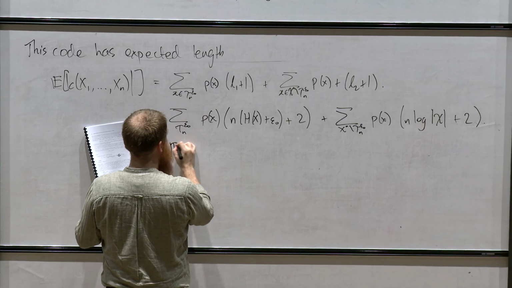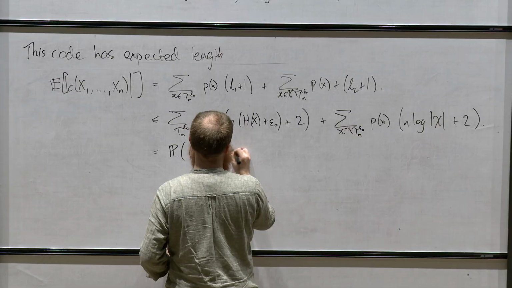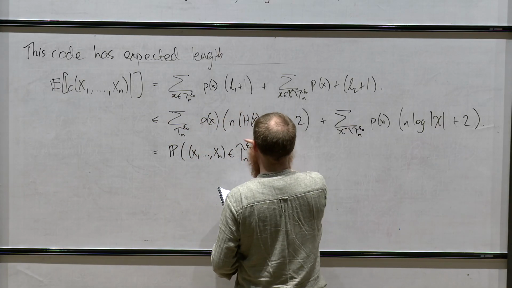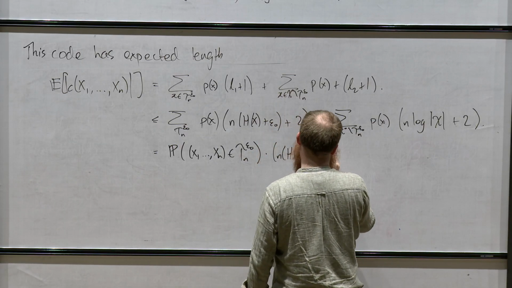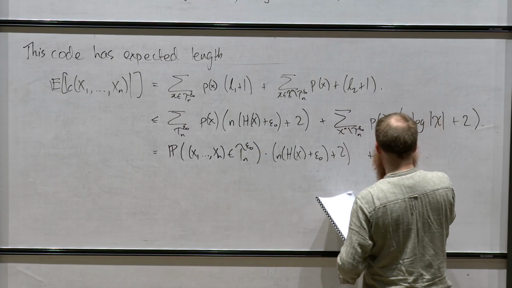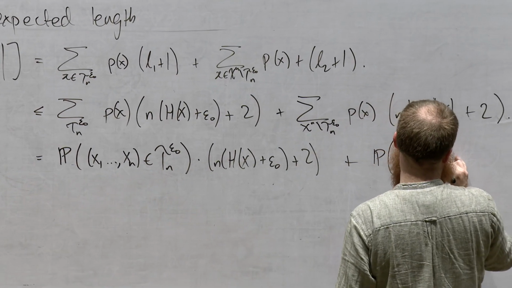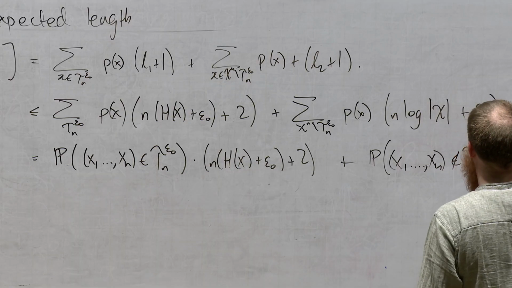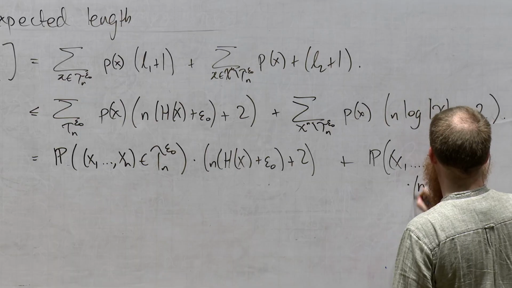the probability that X1 through to Xn is typical times this quantity, plus the rest, which is the probability of atypical times n log |X|.